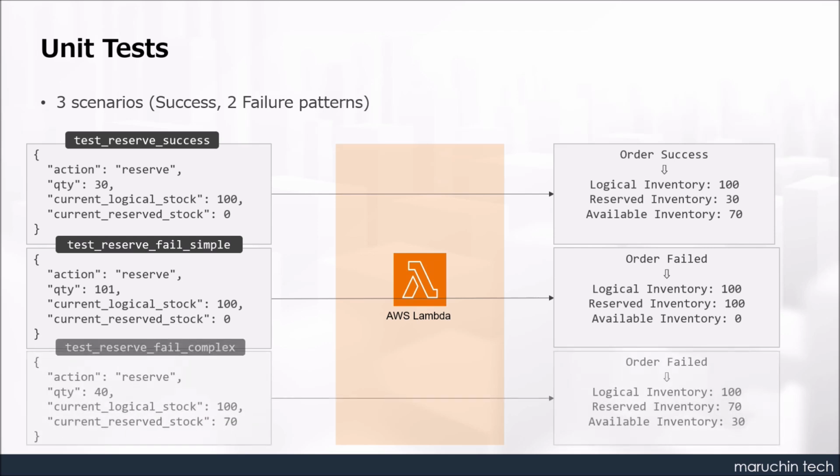And finally, in the second allocation failure case, the current logical inventory is 100 and the reserved inventory is 70, meaning the available inventory is 30. We receive an order for 40. Since the order quantity exceeds the available inventory, an error is returned along with an order rejected message, and meanwhile the available inventory state is updated.